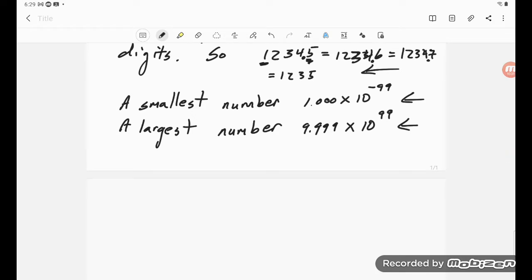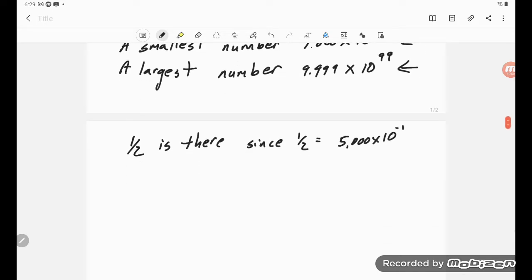So 1/2 is there in this case. Well, actually in base 2 it is as well, but 1/2 is there since 1/2 is equal to 5.000 times 10 to the negative 1.